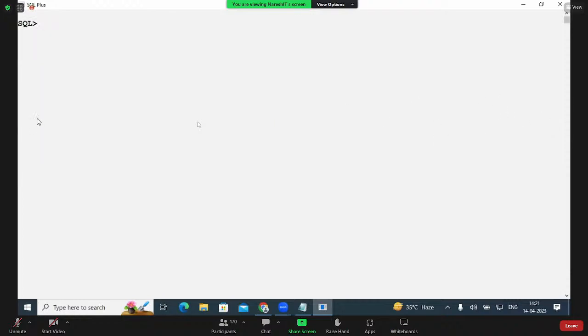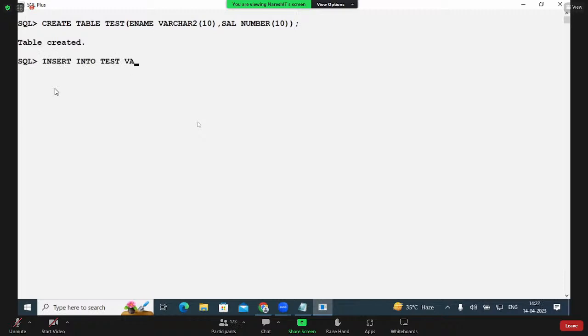The table name is test, with employee name, varchar2 of some size, and salary. Later I am inserting a few records into this test table.